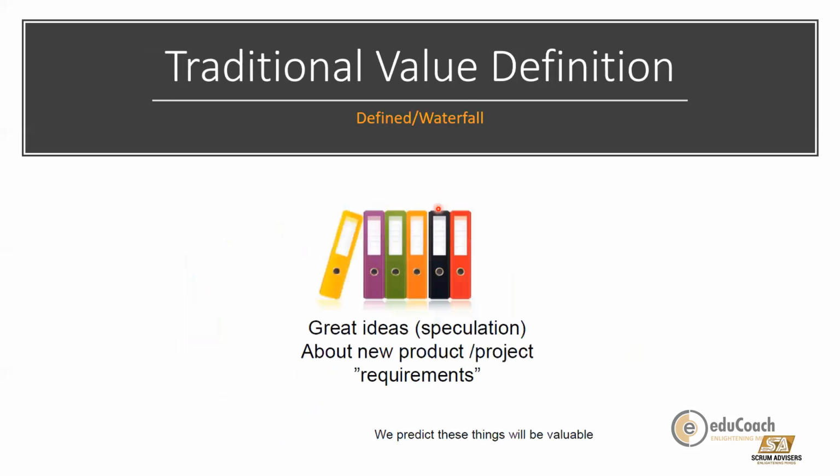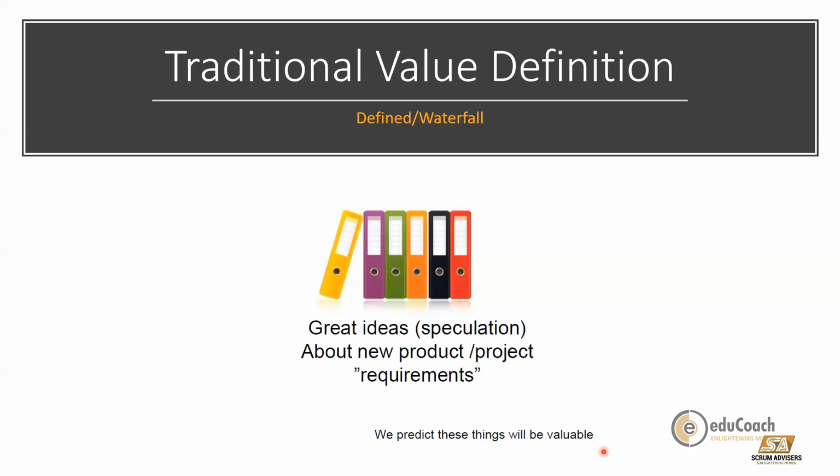So traditional value definition is all about the great ideas that we speculate and the new project requirements that we have. And we predict these things will be valuable. So when we have a requirement, we are trying to predict what are the valuable things in that project, right?